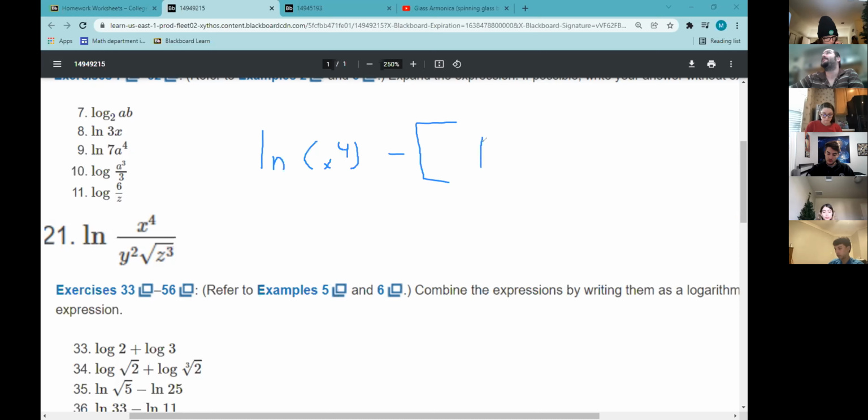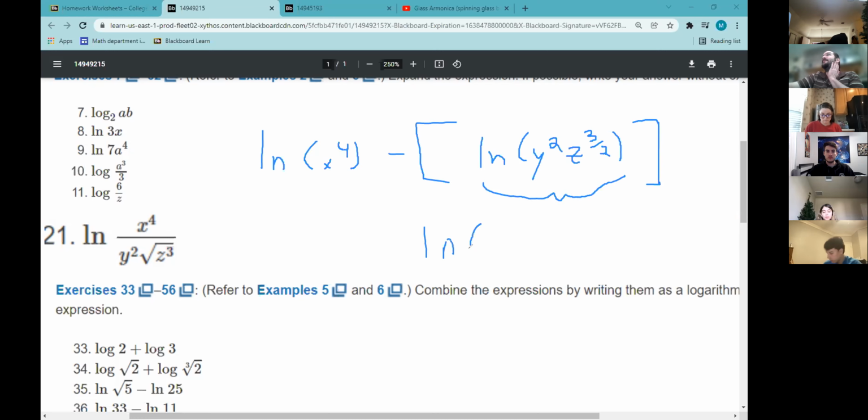We're subtracting everything that's within the denominator, which is y squared z to the 3/2. And so when we expand this second term over here, this thing expands as addition, right?